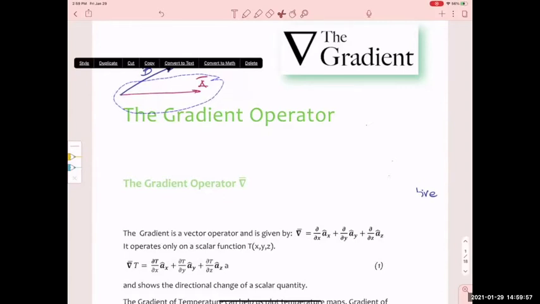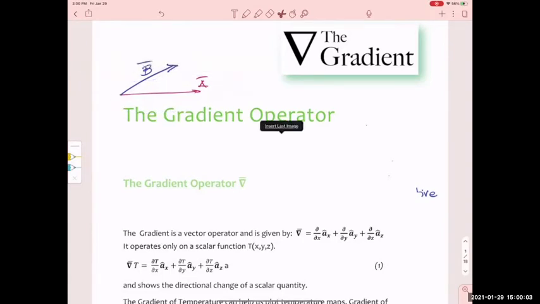Do we do the same thing for A dot B? Or for anything: A plus B, A minus B, A dot B, A cross B, you will have to do that.